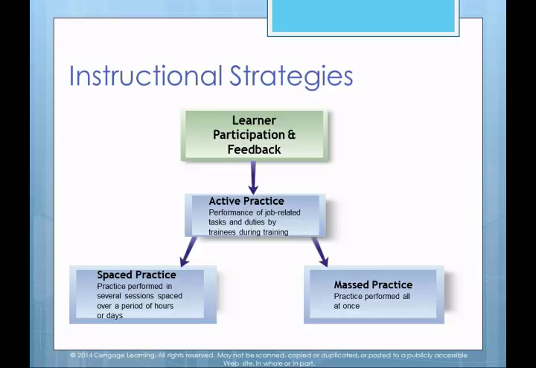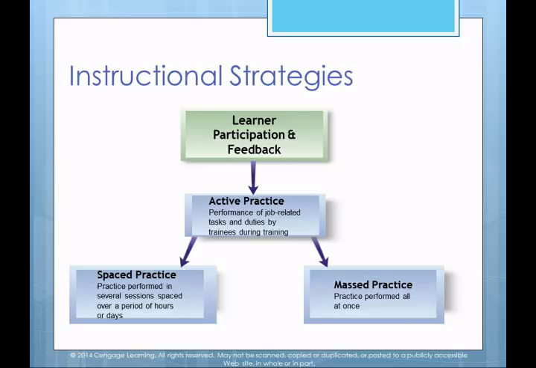So first, we've got to have active practice: performance of job-related tasks and duties by trainees during the training. And we do that in two ways. Spaced practice occurs when several practice sessions are spaced over a period of hours of the day.